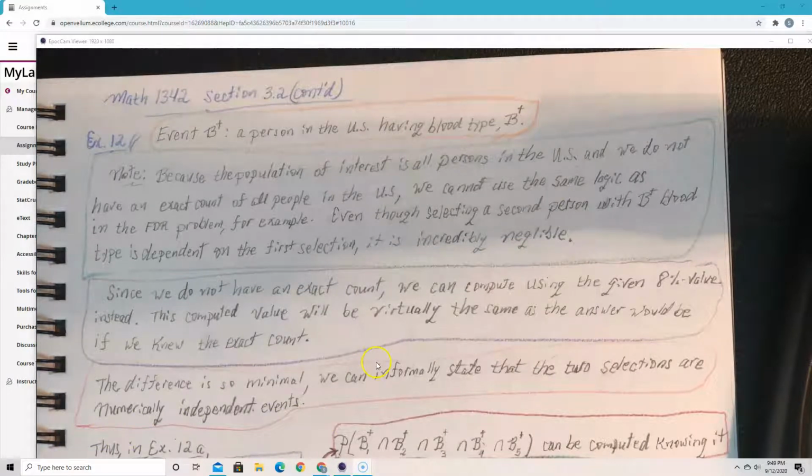So you might be asked, if you're talking about a whole country, then you would say that these are independent events, because the numerical part of it is so incredibly negligible. You can just say that they are independent.